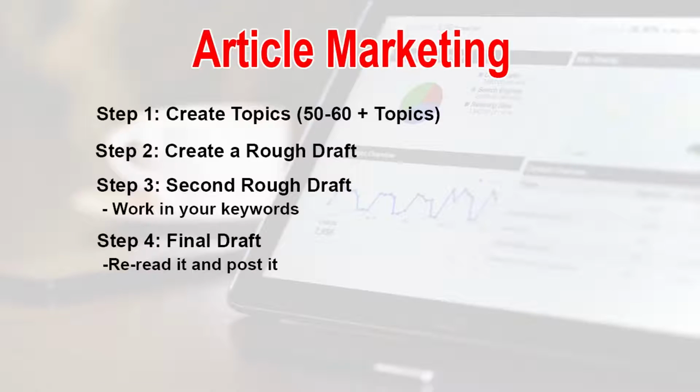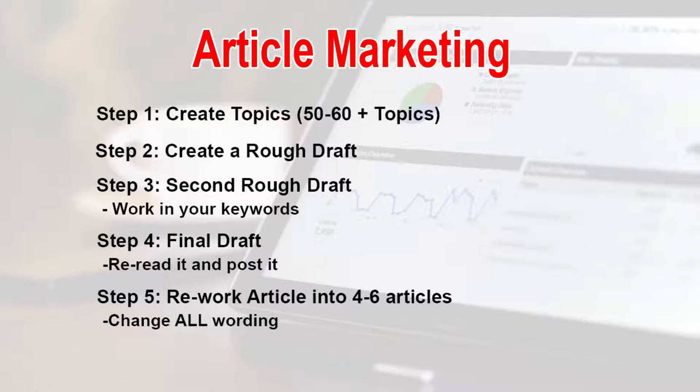Step four is we're going to create a final draft together, which is basically rereading it, making sure it makes sense, making sure you're happy with it, and then posting it. Step five is we're going to rework that one article into 4 to 6 more articles. But here's the key: we're not going to keep the same information. We're going to change all the wording throughout the article.